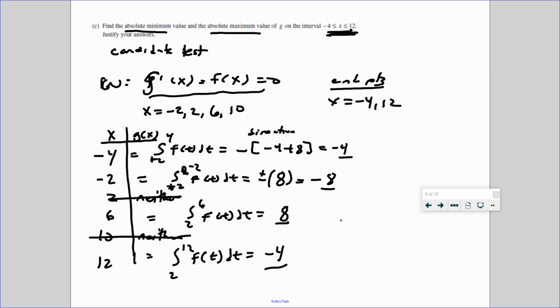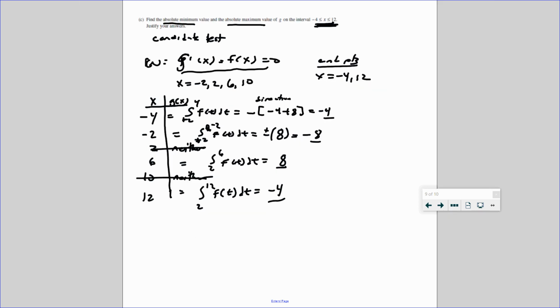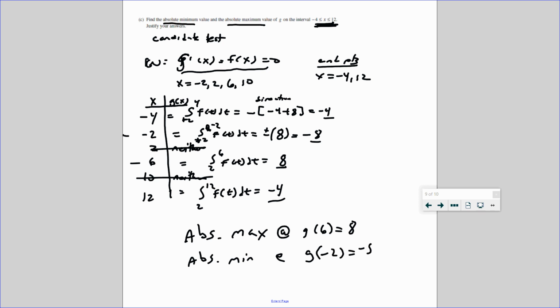And now we can answer our question to get the absolute max. The absolute max value occurs at 6, so g of 6 is 8, and the absolute minimum is at g of -2, which is -8.